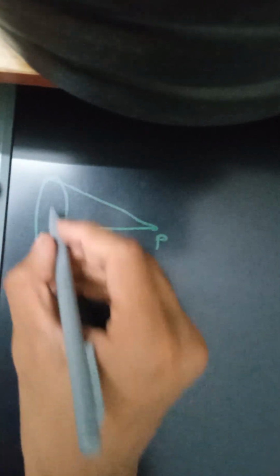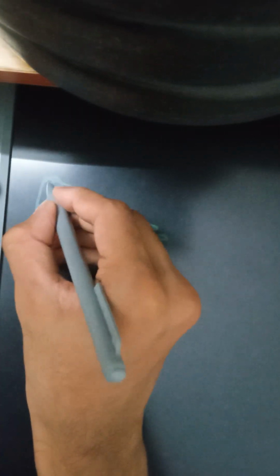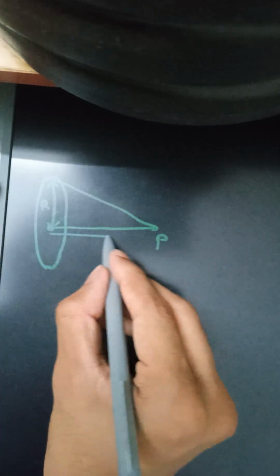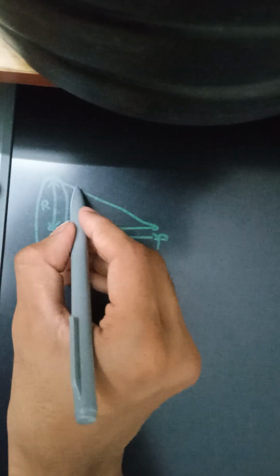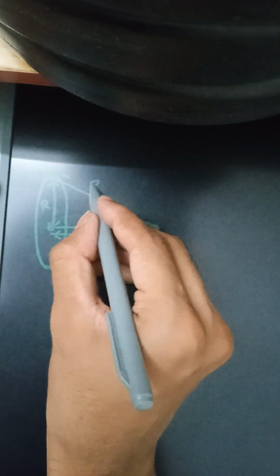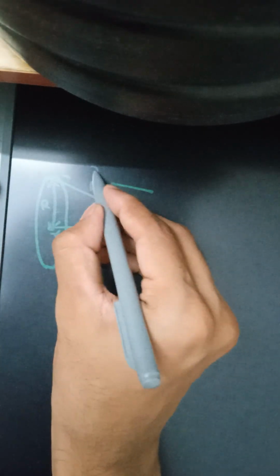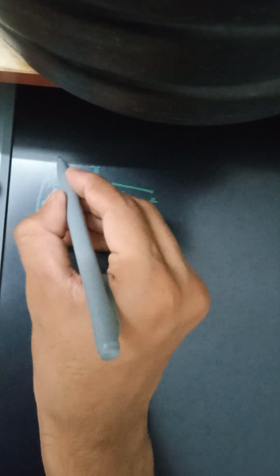So this is the radius r, and this is the distance x, and here the hypotenuse side will be root over r square plus x square. Here we are taking dl.